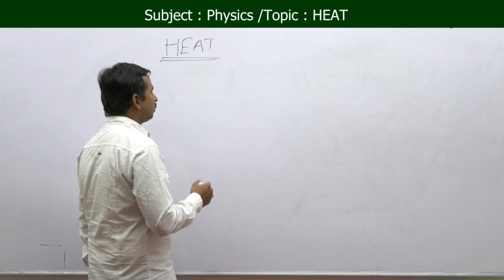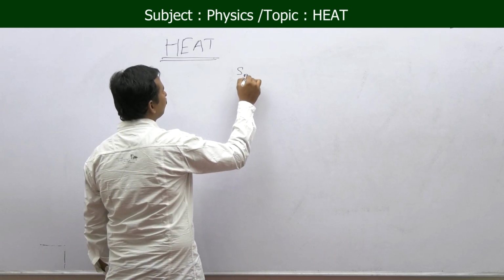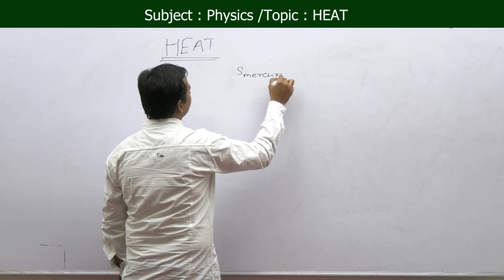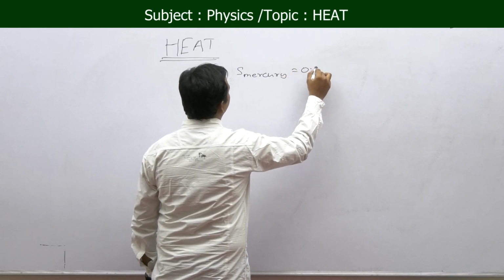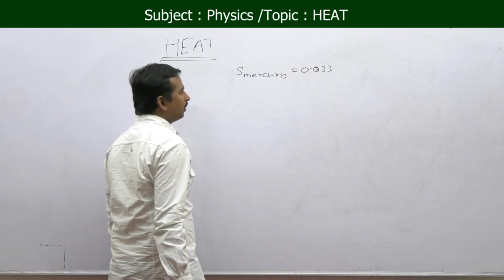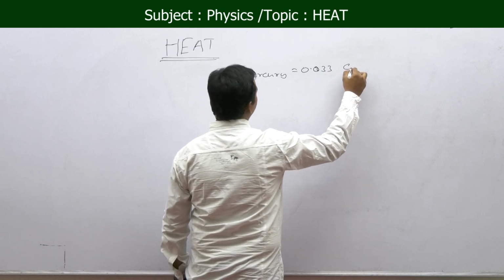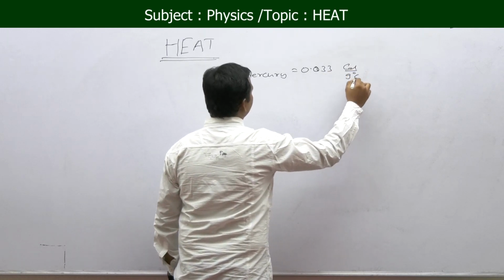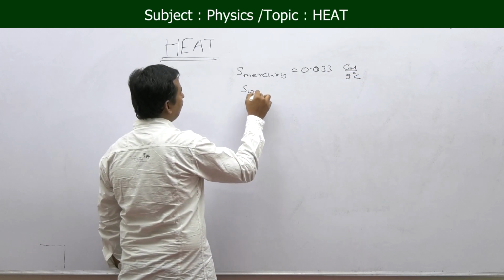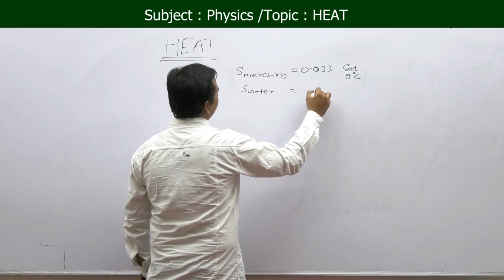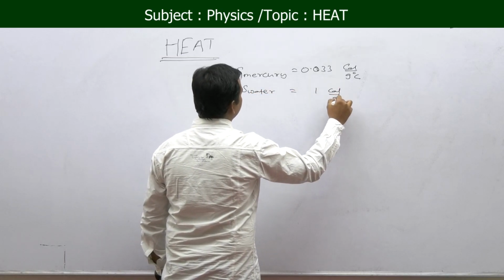That's why, if you observe here, the specific heat of mercury is around 0.033 calorie per gram degree Celsius, whereas in the case of water, the specific heat is 1 calorie per gram degree Celsius.